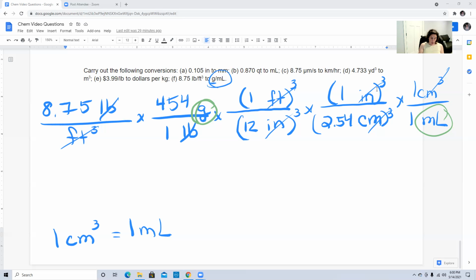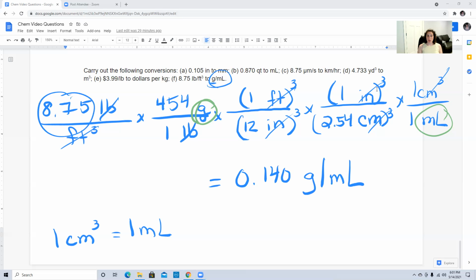So hopefully you hit all your buttons correctly. And going back to the beginning, we had 3 sig figs here. So a final answer would be 0.140 grams per milliliter. And there you have it.